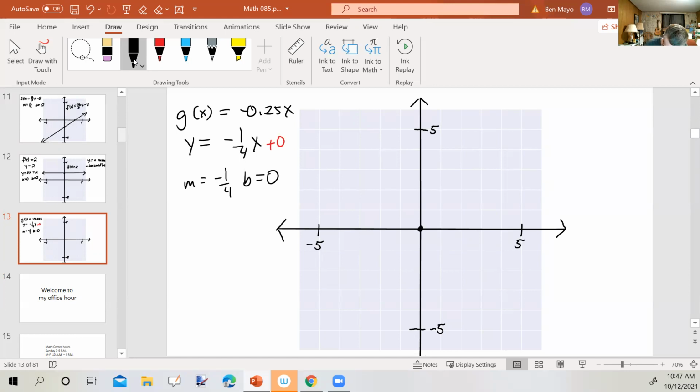Here's the y-intercept. We're going to go down 1 and over 4. So this is the graph of g of x equals negative 0.25x. All right. Again, any questions concerning slope-intercept form and graphing using that form?